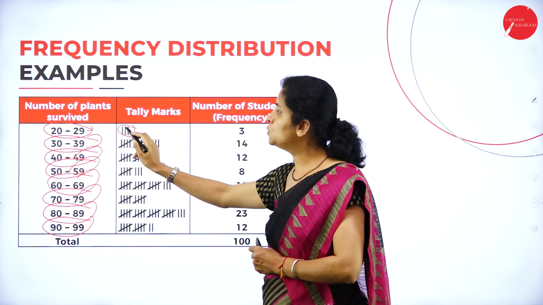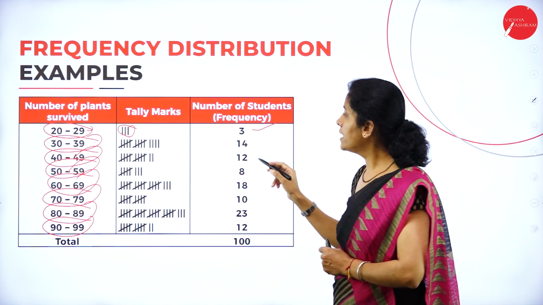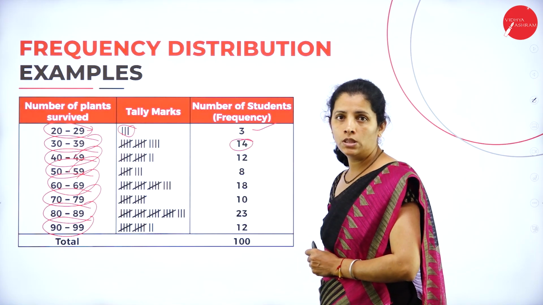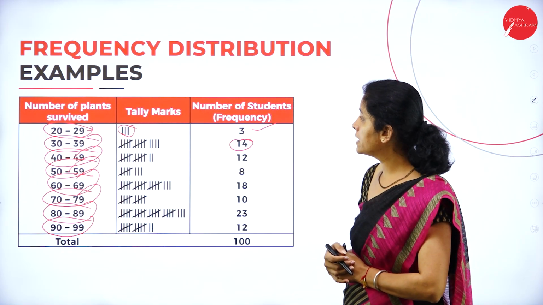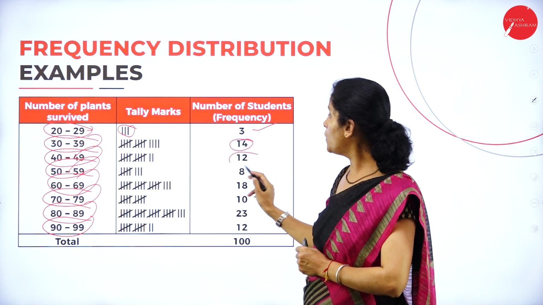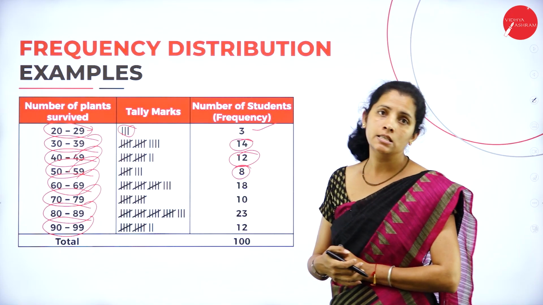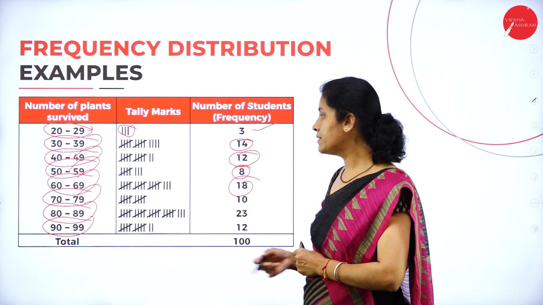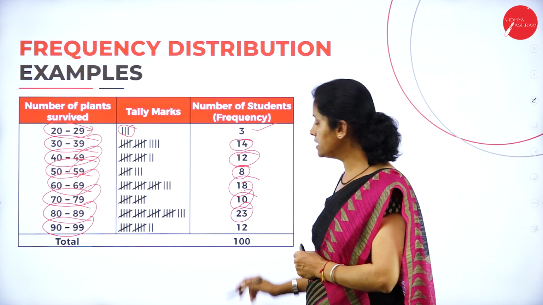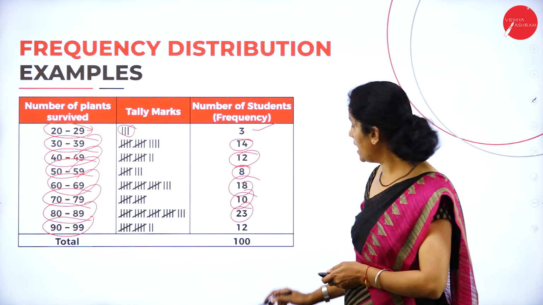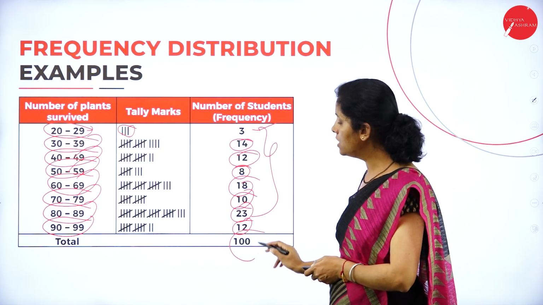For 20 to 29, it is 3 schools. 30 to 39, 14 schools. 40 to 49, 12 schools. 50 to 59, 8 schools, 60 to 69, 18, 70 to 79, 10 schools, 80 to 89, 23, and 90 to 99, 12. When I add all these numbers, I must get 100.